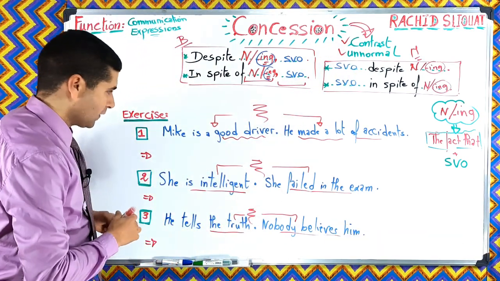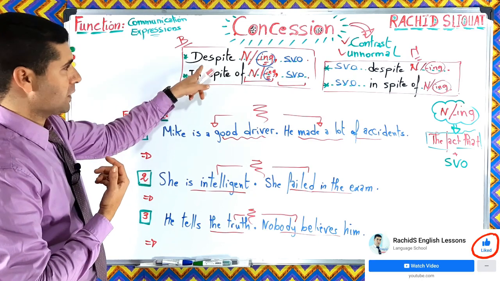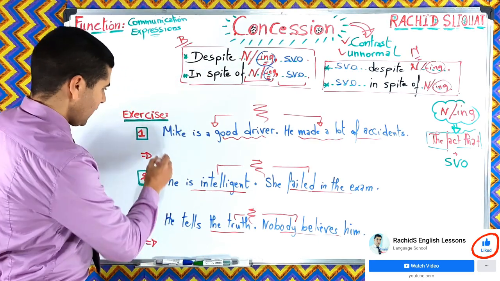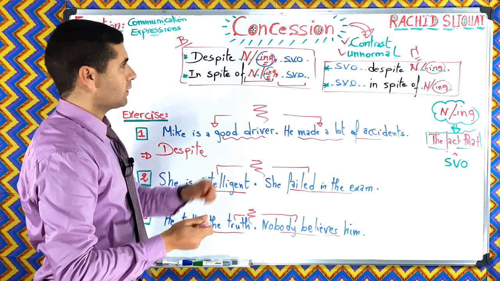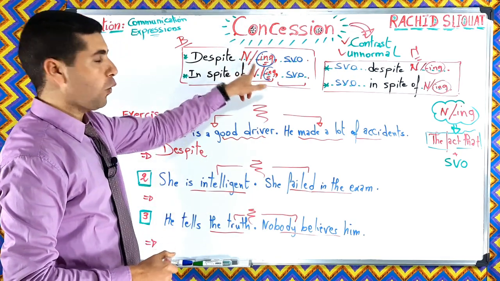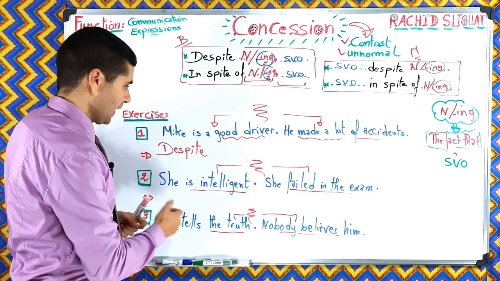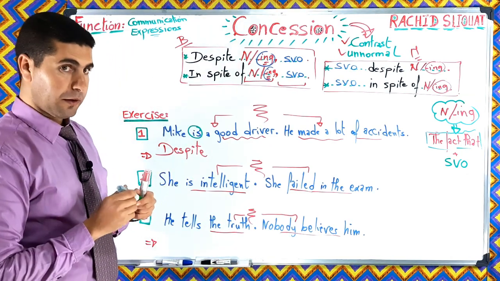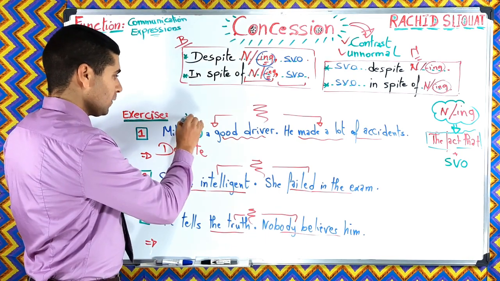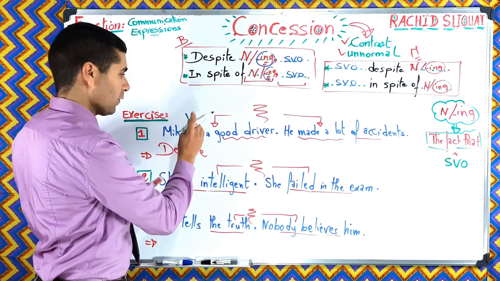Okay, now what can we say for number 1? Let's use, for example, despite. So we said that the following is supposed to be either noun or ing of the verb. Now here we have is, and is the verb be, so we can make the ing form of this.